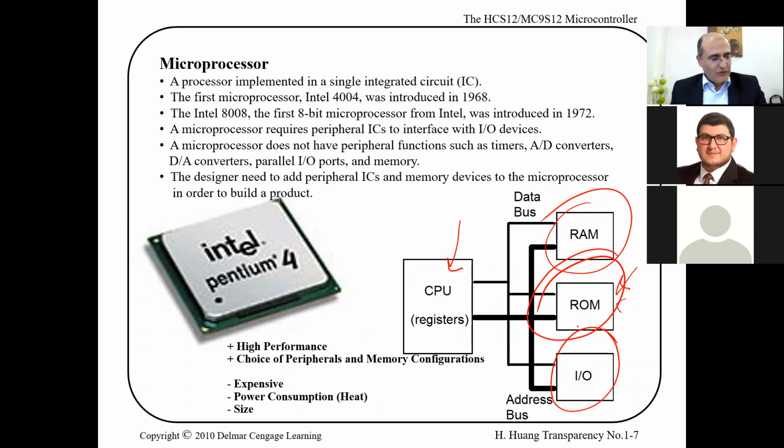Intel's first 4-bit processor, the 4004, was in 1971. 4-bit means it can operate on 4-bit numbers. Then later, in 1972, they made an 8-bit version of it, the 8008.